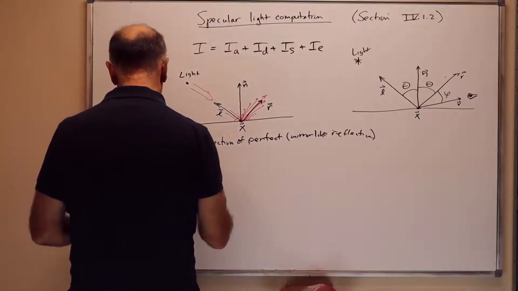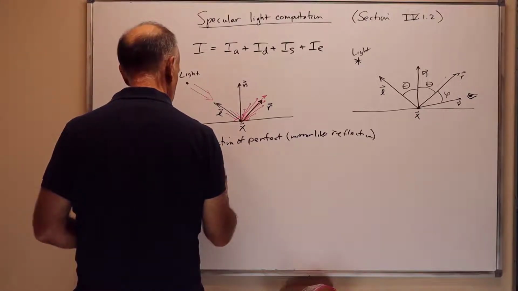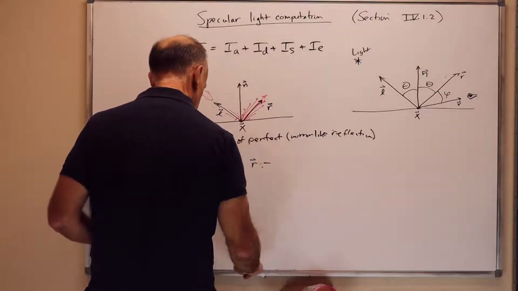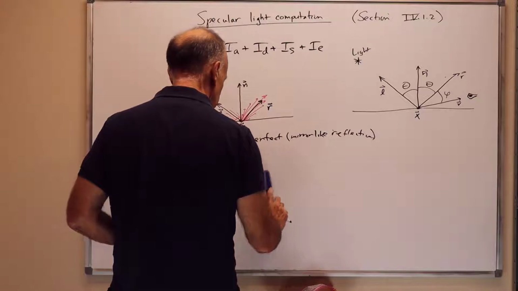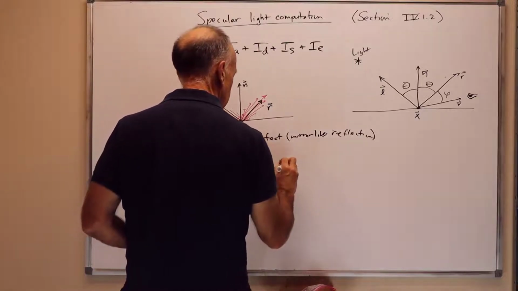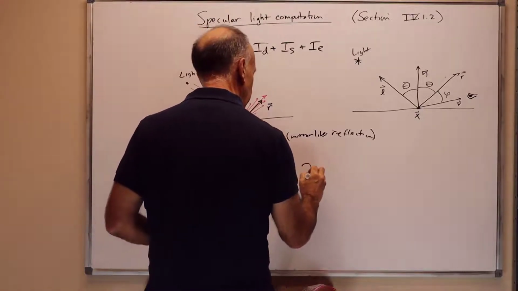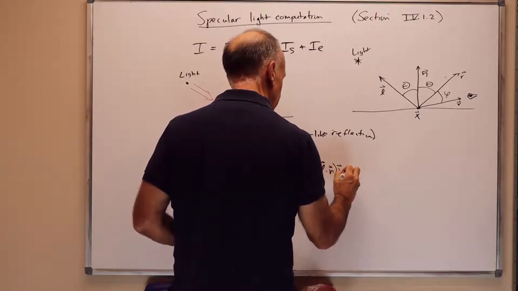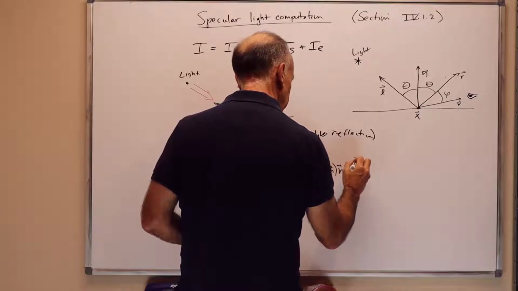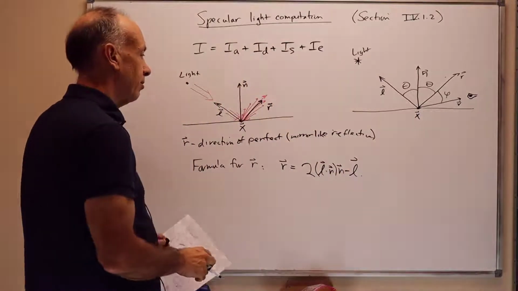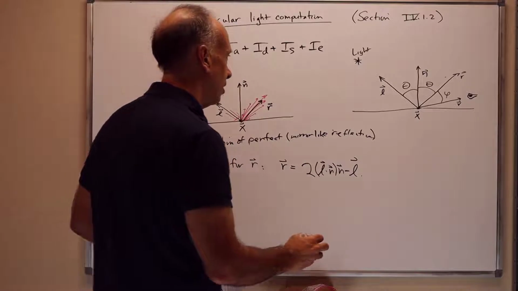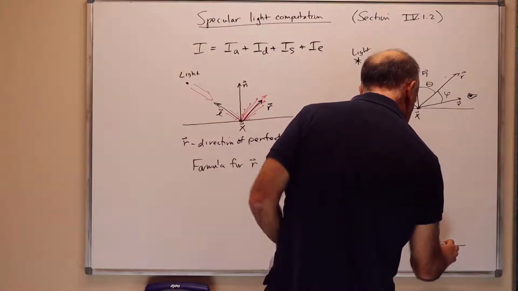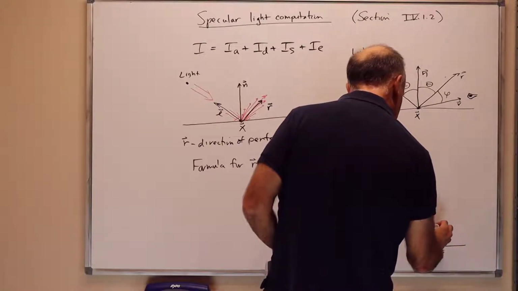The formula for R is the following: R is equal to 2 times L dot N times N minus L. So let's get a picture that shows this. Here is the point X down here at the bottom of the board.